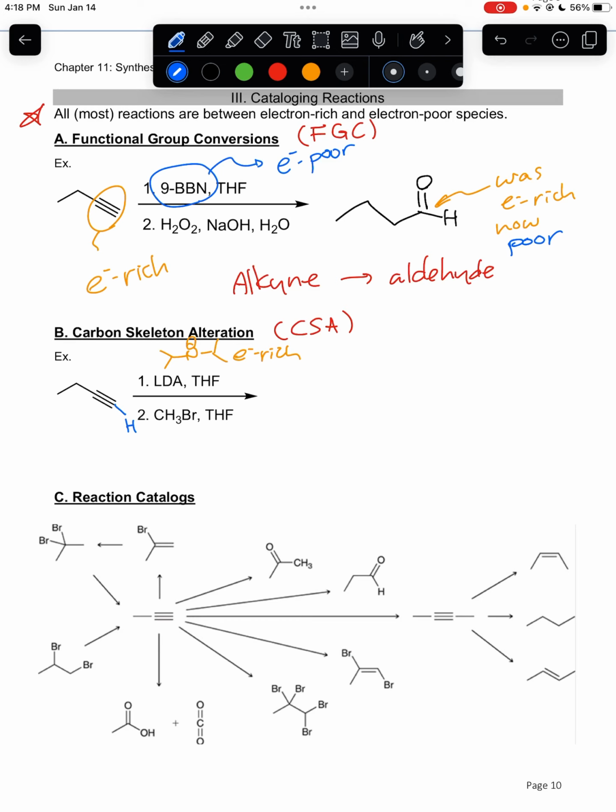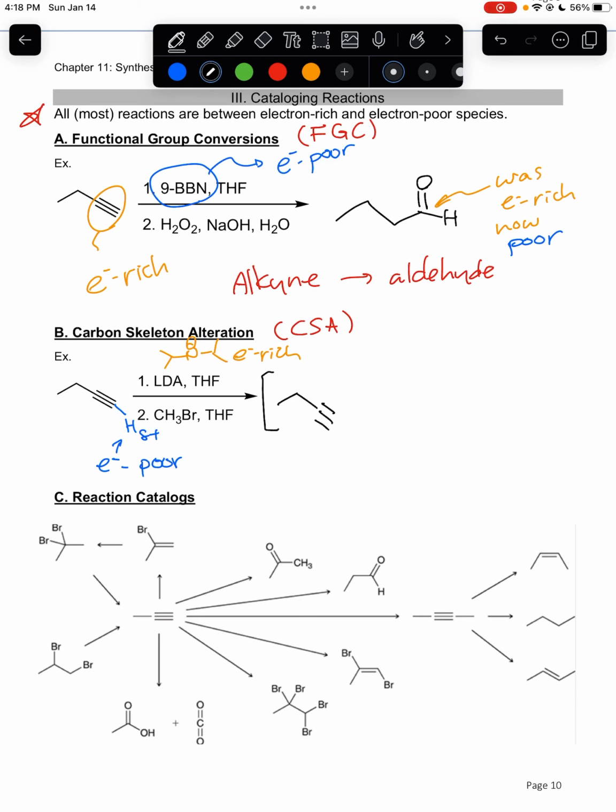Compared to LDA, it does have this electron-poor part, which is the hydrogen, which has a small amount of partial positive charge because it's not as electronegative as carbon. So you could say this is a little bit electron poor. So the electron-rich and electron-poor react together to give you what?